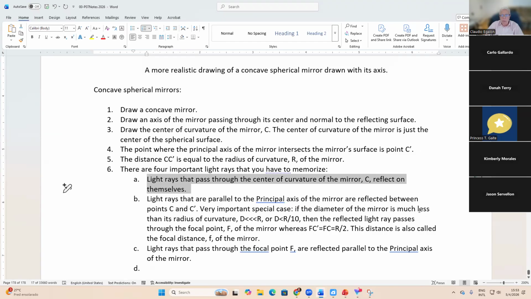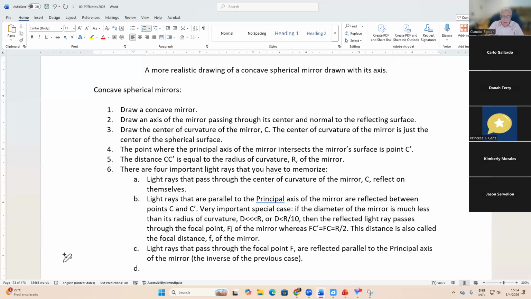If the diameter of the mirror is much less than its radius of curvature, then the reflected light ray passes through the focal point F of the mirror, whereas the focal point is at a distance equal to half the radius of curvature of the mirror. Light rays that pass through the focal point F are reflected parallel to the principal axis, the inverse of the previous case.